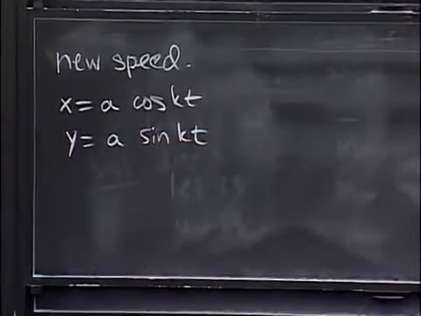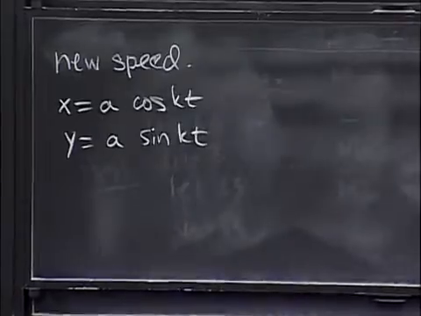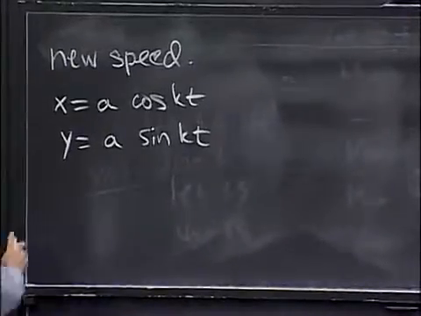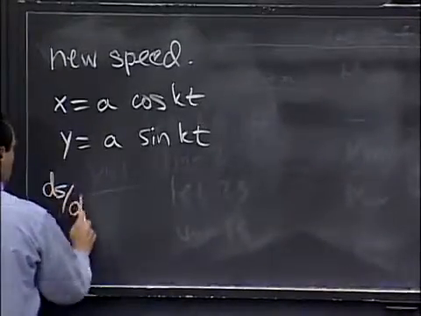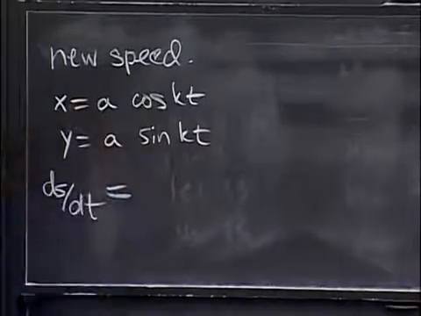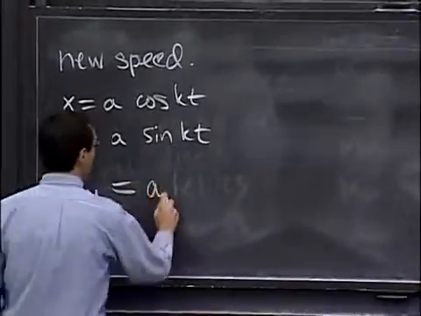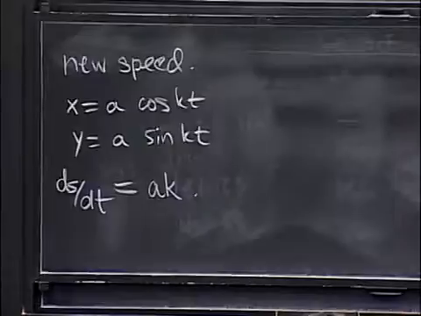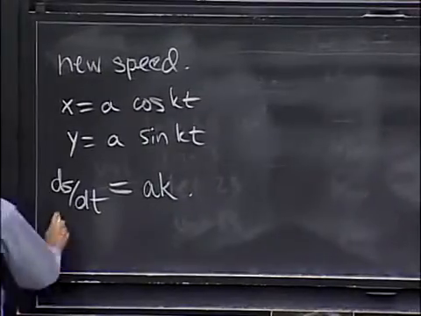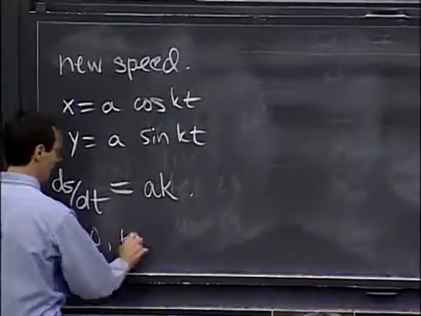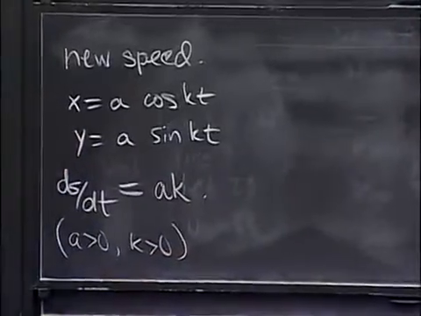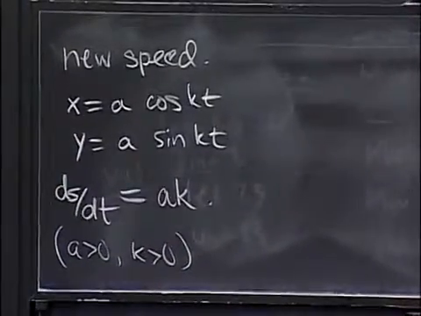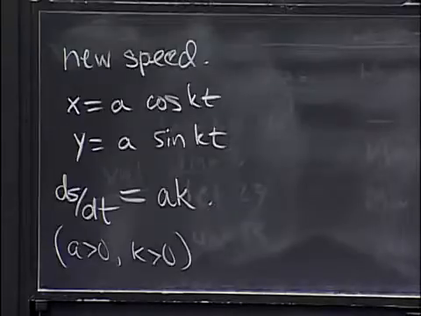Now I'm tracing around the same circle, but the speed is going to turn out to be, if you figure it out, there'll be an extra factor of k, so it'll be a times k. That's what will work out to be the speed, provided k is positive and a is positive. So we're making these conventions that the constants that we're using are positive.